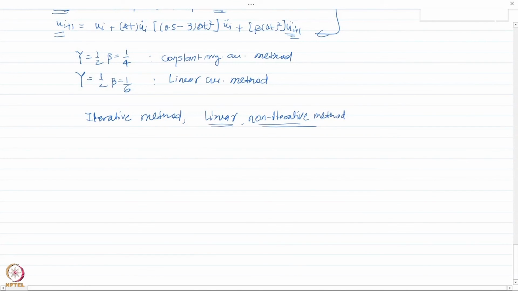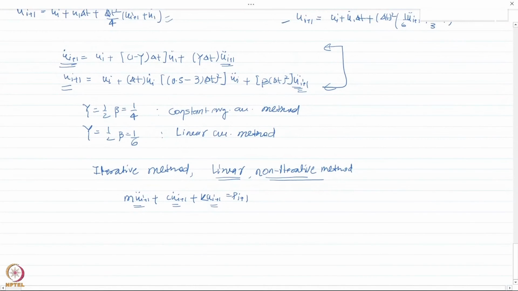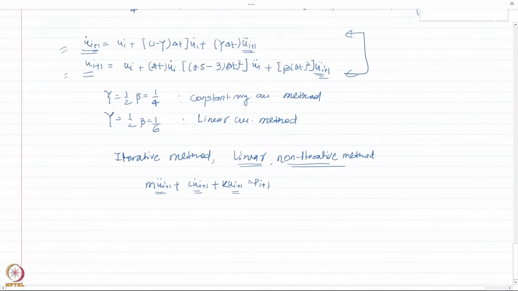So for a linear system, all I need to do is write down my equation of motion at step i plus 1 and then substitute all the variations that we have obtained: the expression for ui plus 1 dot and then ui plus 1, the displacement.